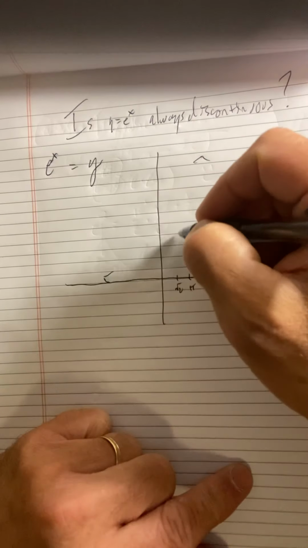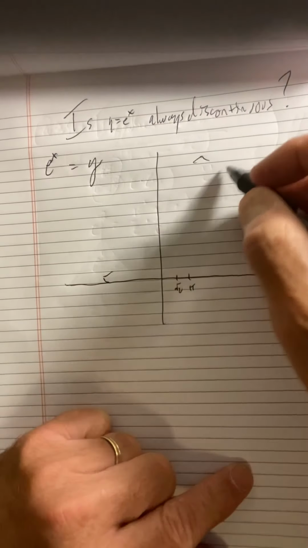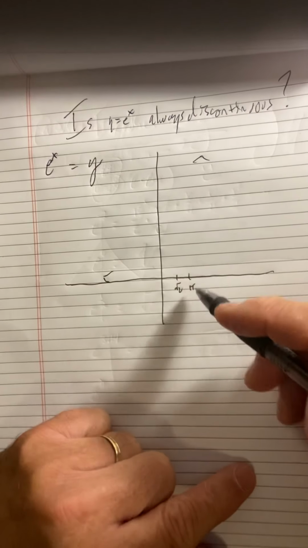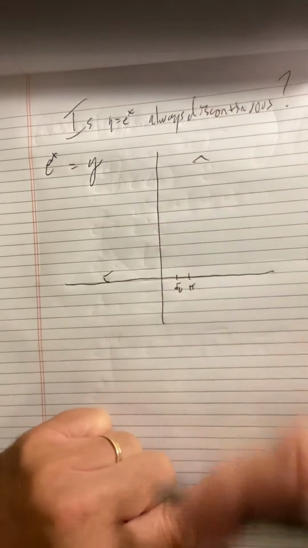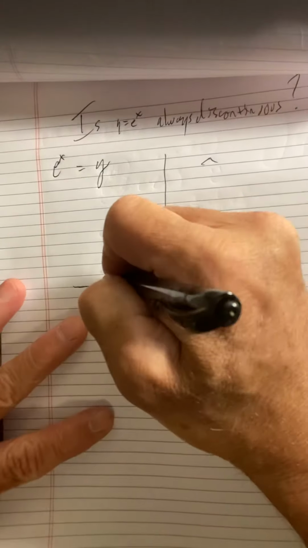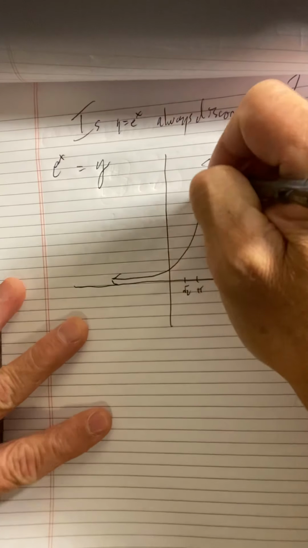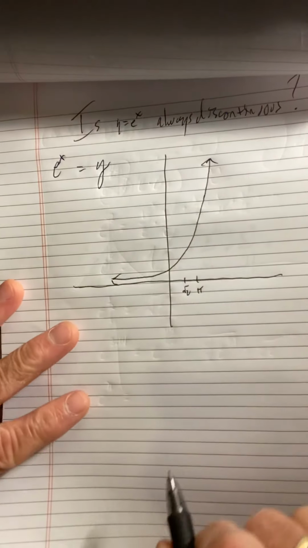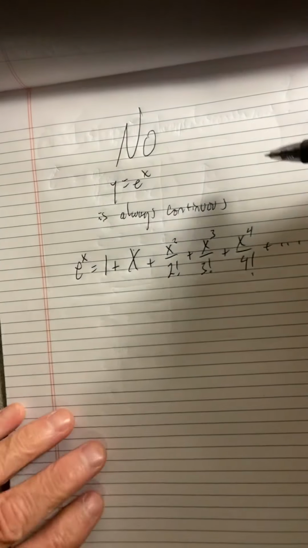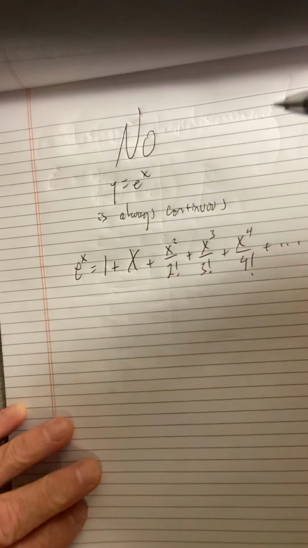So is it just a disconnected bunch of dots, a dot for every rational number and just a space for every irrational number? So is it just a cloud of dots? Well, no. Turns out this is always continuous. It does just smoothly go like this. So no, y equals e to the x is always continuous.